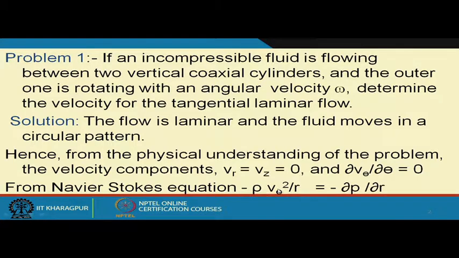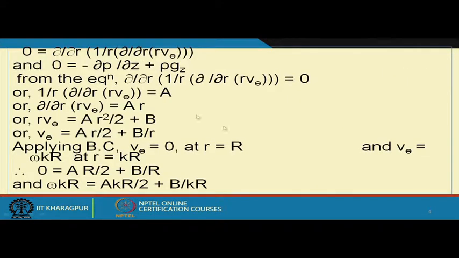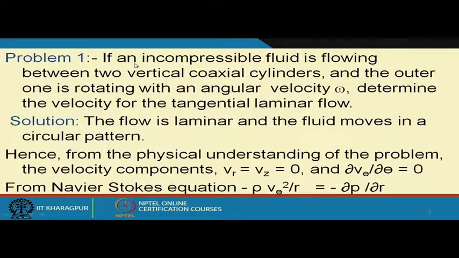From the second equation we got 0 is equal to del by del r of 1 by r del by del r of r V theta. And from the third equation we got 0 is equal to minus del P by del z plus rho g z. So all these three equations remain identical.